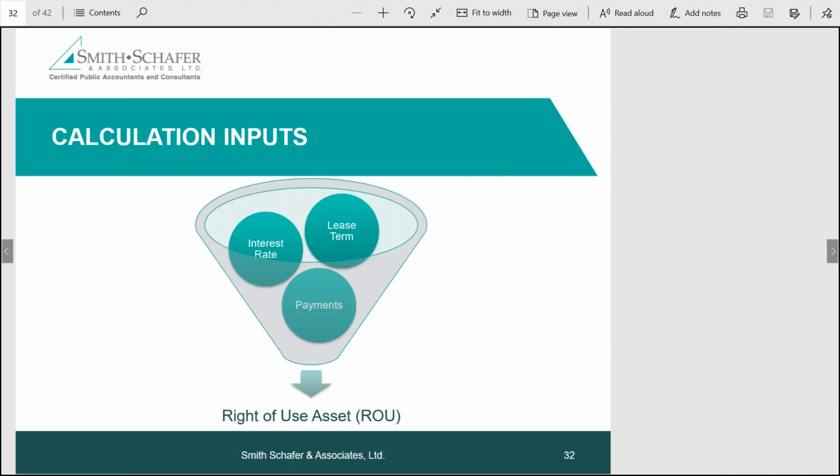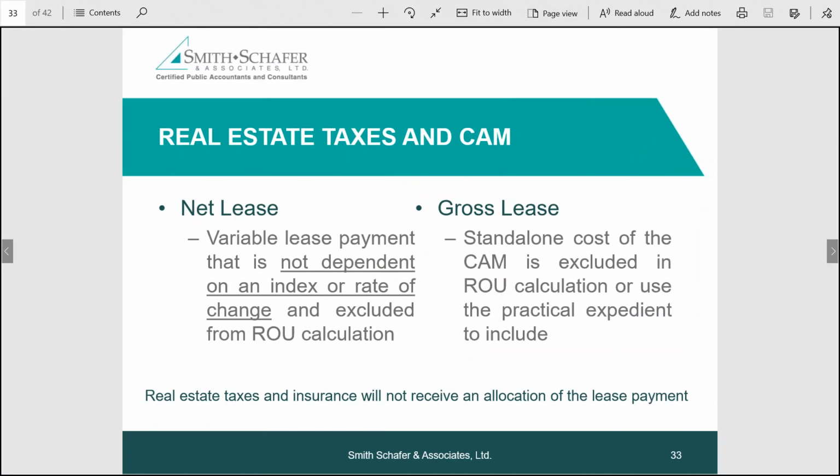So we've talked about the 3 types of leases that the standard has created. Let's talk about the real world a little bit and the 2 types of leases the real world has and how they equate to your right of use asset. So in the real world, you're going to have a net lease or a gross lease.